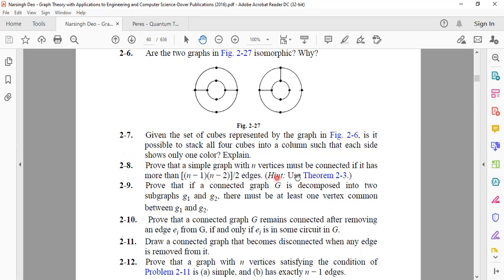If you consider this problem as a theorem, then theorem number 2.3 becomes a problem. So you cannot distinguish between the problem and the theorem. Here I'm going to talk about how to make use of the existing theorem to prove different results of graph theory. And that is why I'm showing you how to prove the given problem.